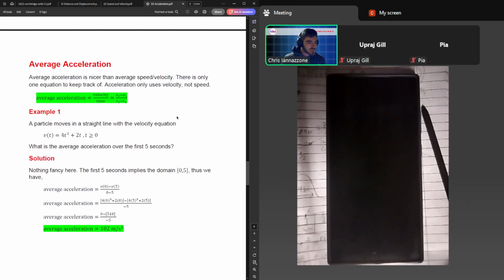Average acceleration is kind of nice because it only has velocity. There's no speed equivalent of acceleration, so you don't have to do any mental gymnastics to figure out which do I use. It's always just going to be velocity. There's your other advantage of using v of t.